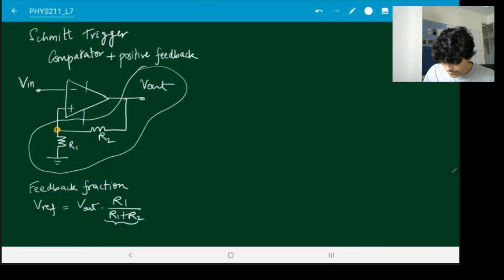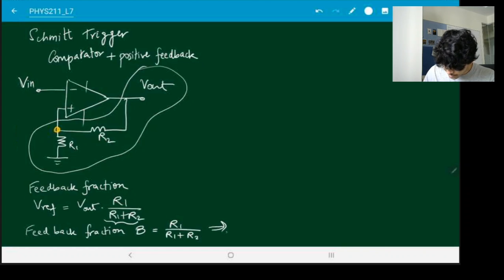So I call this the feedback fraction. I think we have discussed feedback fraction in the last lecture or the one before that.